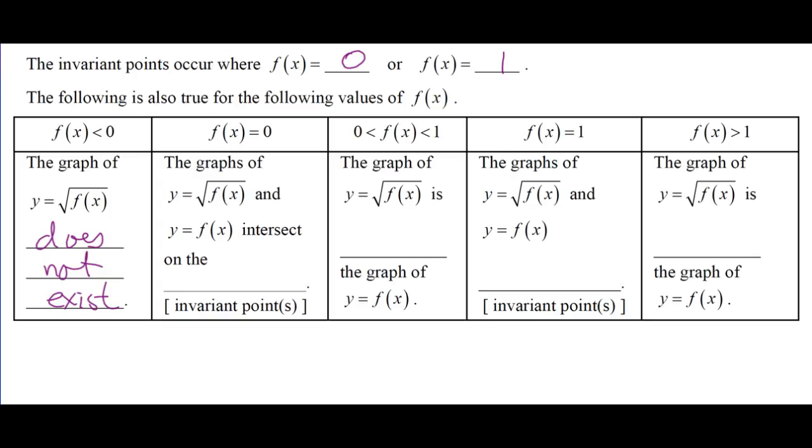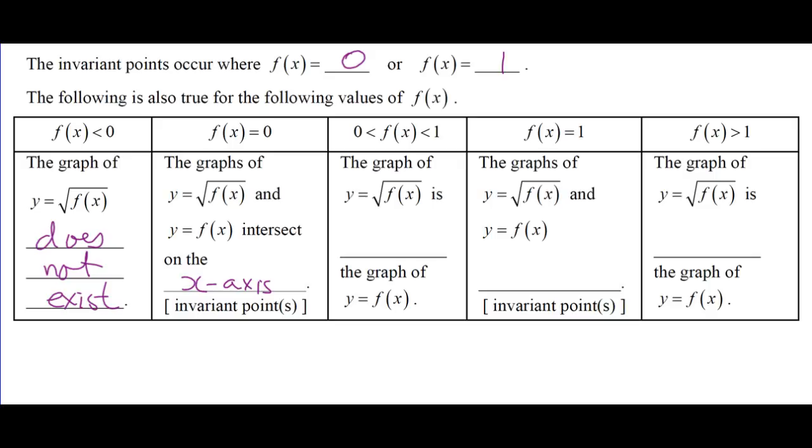If f of x equals 0, the graphs of y equals f of x and y equals the square root of f of x intersect on the x-axis, right? Because that's when y is equal to 0. So on the x-axis, those are invariant points. If f of x is between 0 and 1, then the graph of the square root is above or below. There's your two choices.